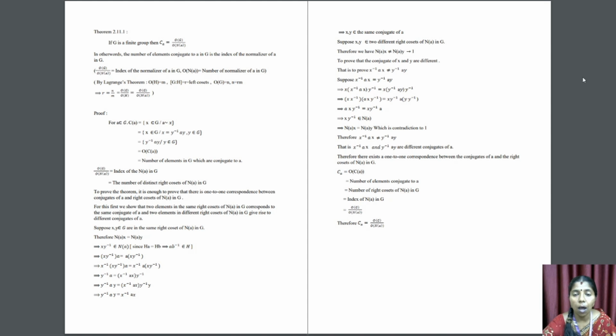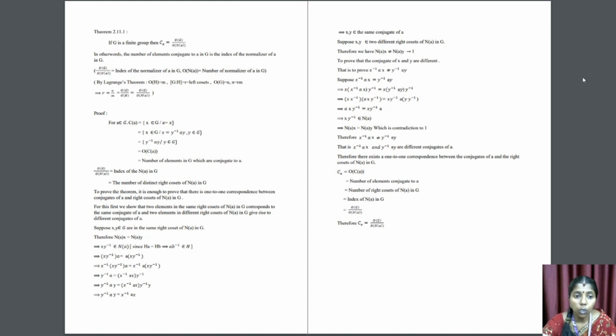The order of C(a) is the number of elements in G which are conjugate to a. Order of G by order of N(a) equals the index of N(a) in G, which is the number of distinct right cosets of N(a) in G, by using Lagrange's theorem.